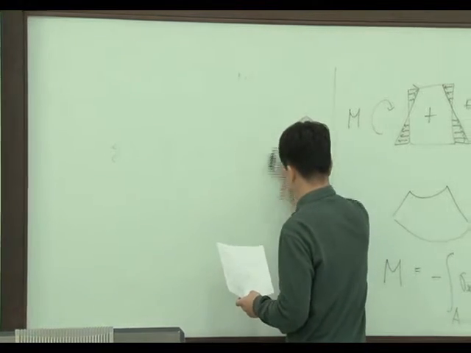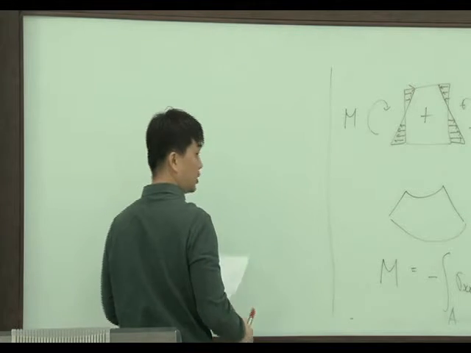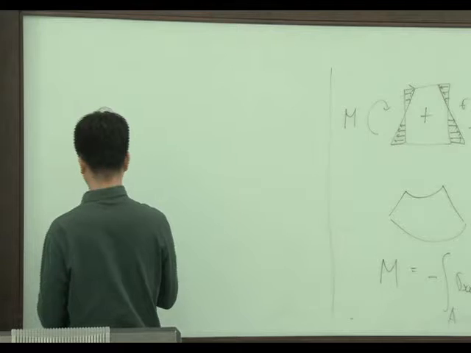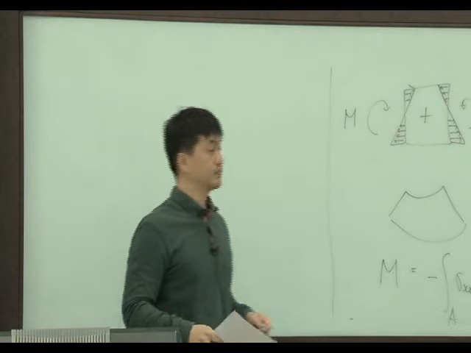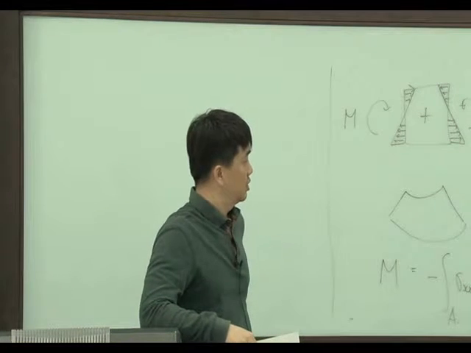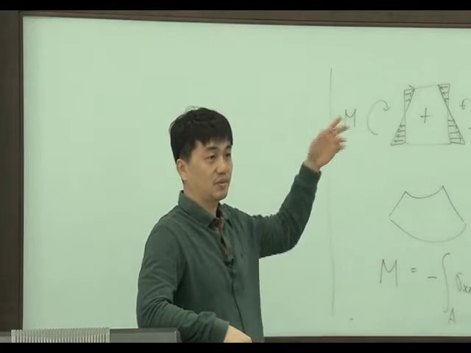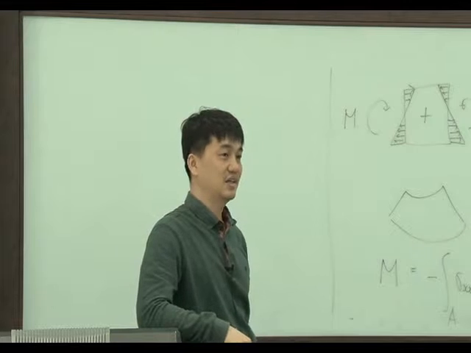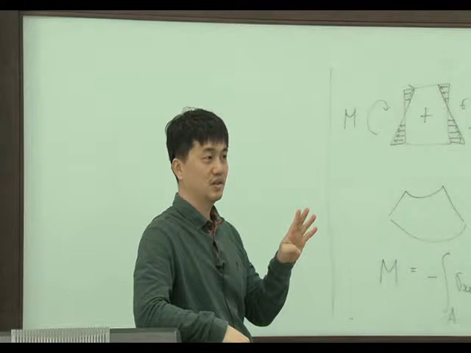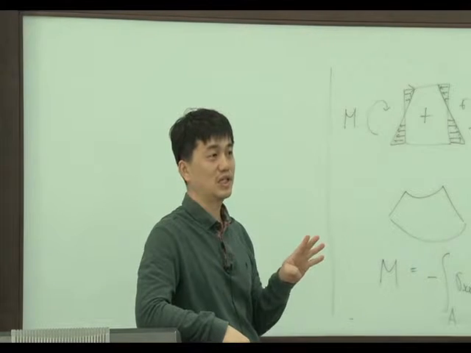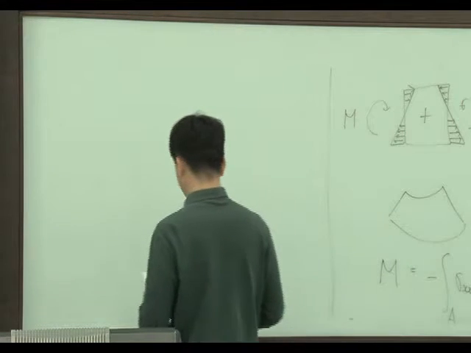Okay, and now to solve that equation, we need to have boundary conditions, right? It is a fourth order ordinary differential equation, so to solve that, we need to integrate 4 times, right? So how many integration constants can we have? 4, right? Then at least we need to have 4 boundary conditions.